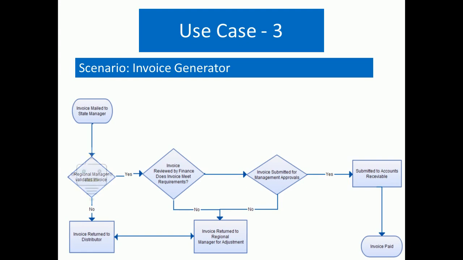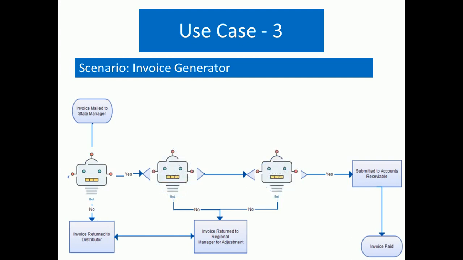The validation is done automatically, and then finally we get the invoice. So this is what is called RPA. Wherever there is human action or interaction, it is replaced with the bot, and this is called RPA. Very simple.